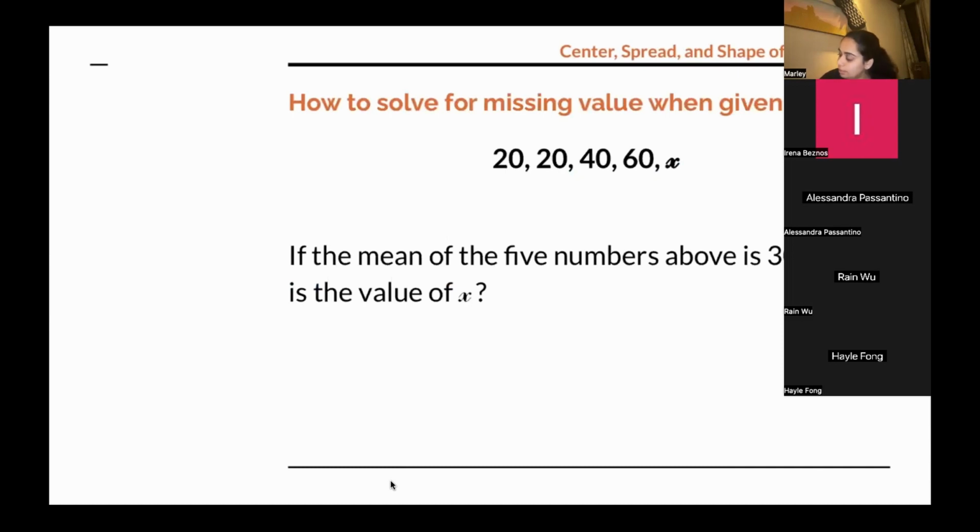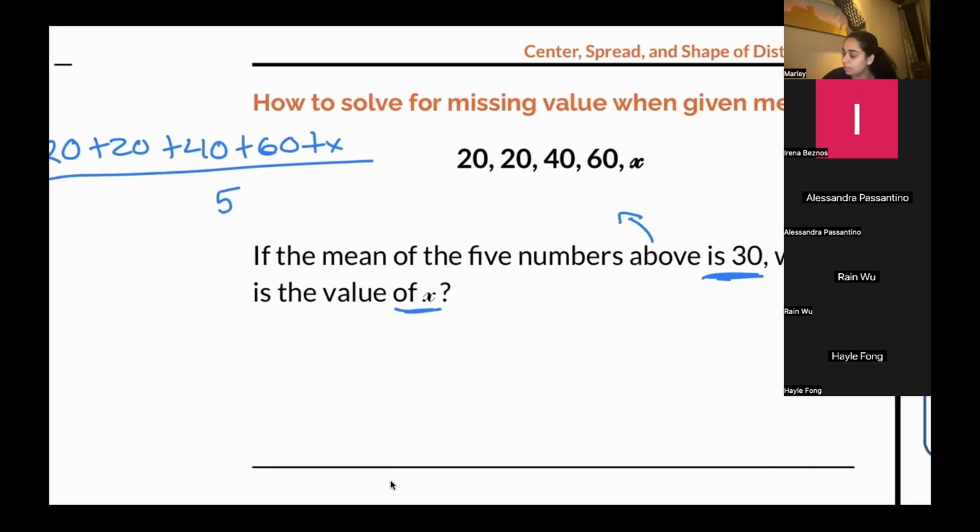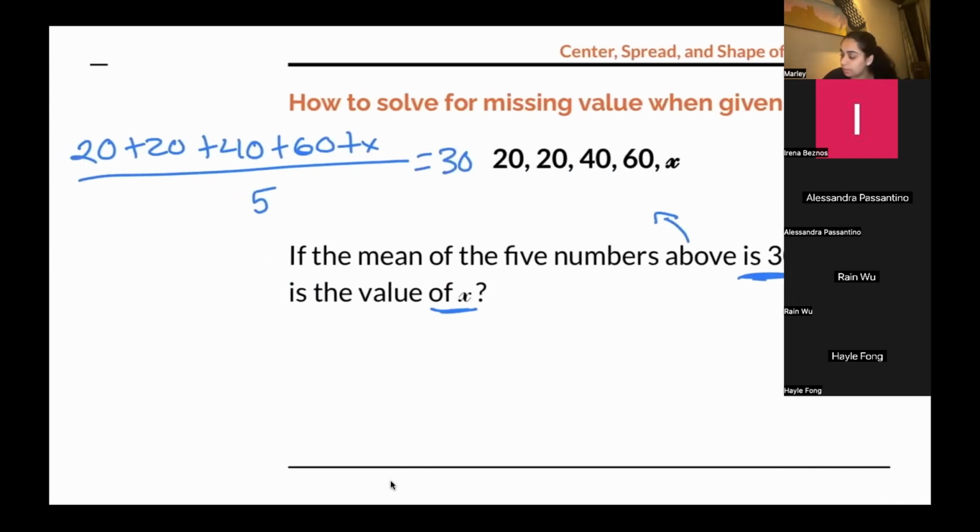Okay, in this example, we have 4 numbers and X, and we're told that the mean of the 5 numbers is 30. What is the value of X? So we get 20 plus 20 plus 40 plus 60 plus X, all divided by 5 to get the mean, and we're told it's 30.